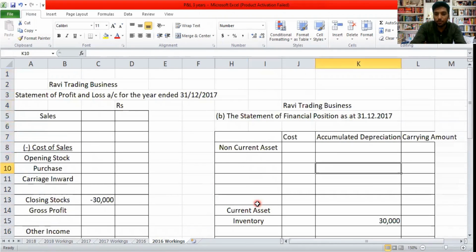I always leave a line for land and building. So 15,000 is my accumulated depreciation. My cost is 150,000. I know this is a machine, so I record machine. 150,000 minus 15,000 will give you 135,000. So I'm done with that.